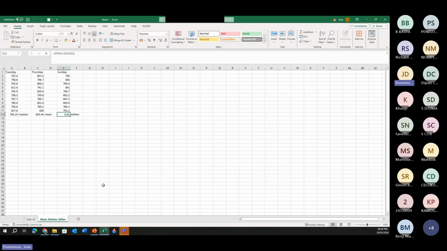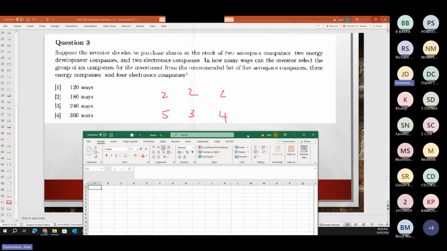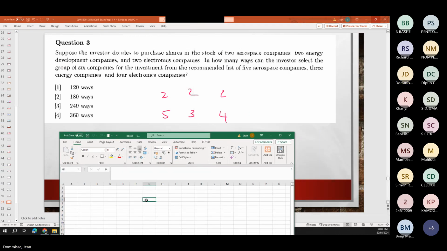Okay, so now there is permutation. Let's just see, because now we need to basically do permutation.